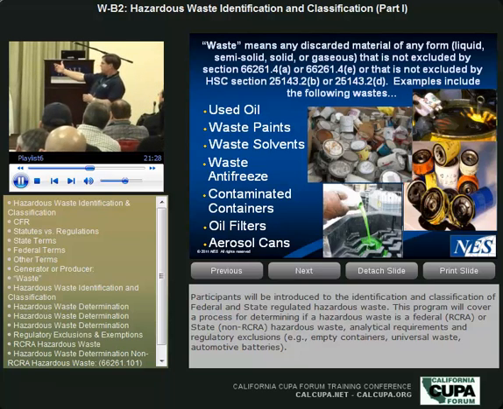And this is 25143.2. These are some of the regulatory exclusions for excluded recyclables. Examples include, and then we have them listed there. Those are examples of California hazardous waste. And some of these are examples potentially of federal waste, but most of these are California waste.